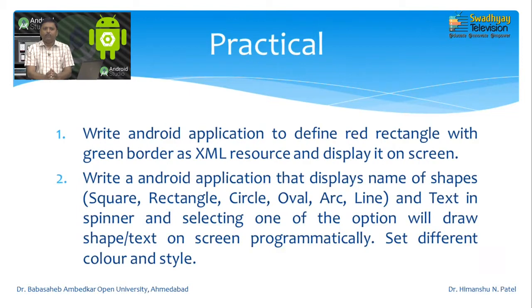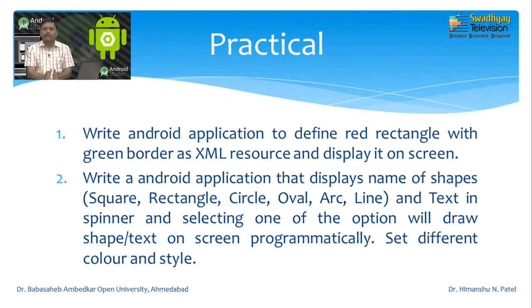So, we first define one graphic in an XML resource and fetch it in an image view, and in the second case we will create shapes dynamically based on selection from the spinner.